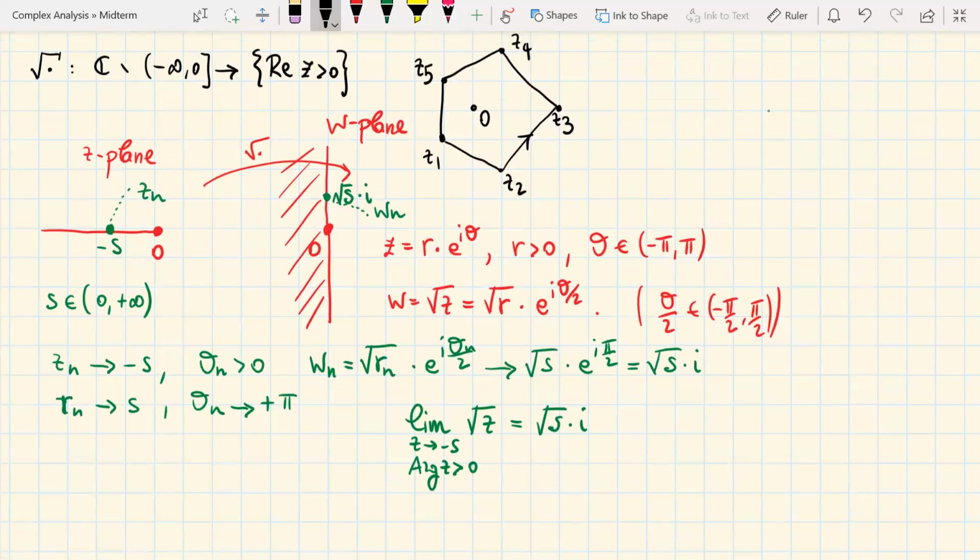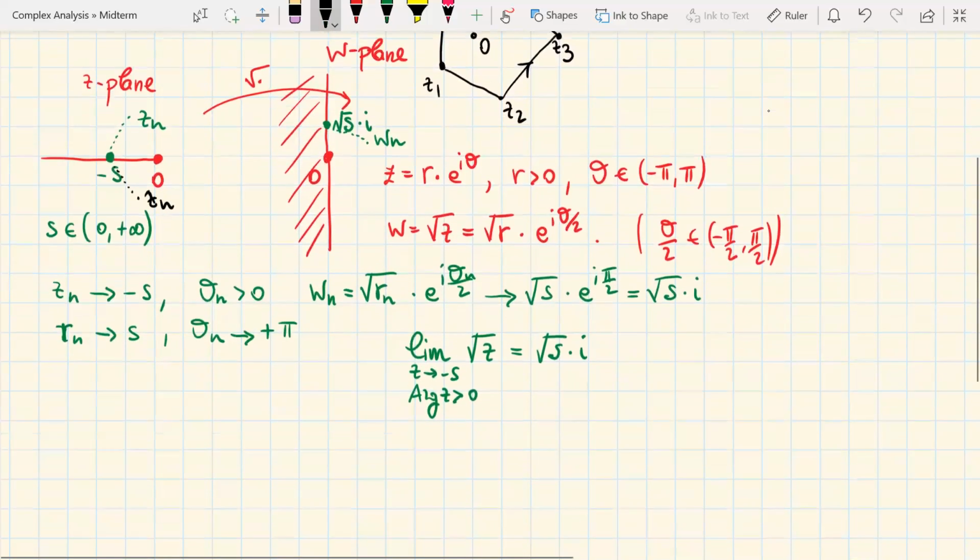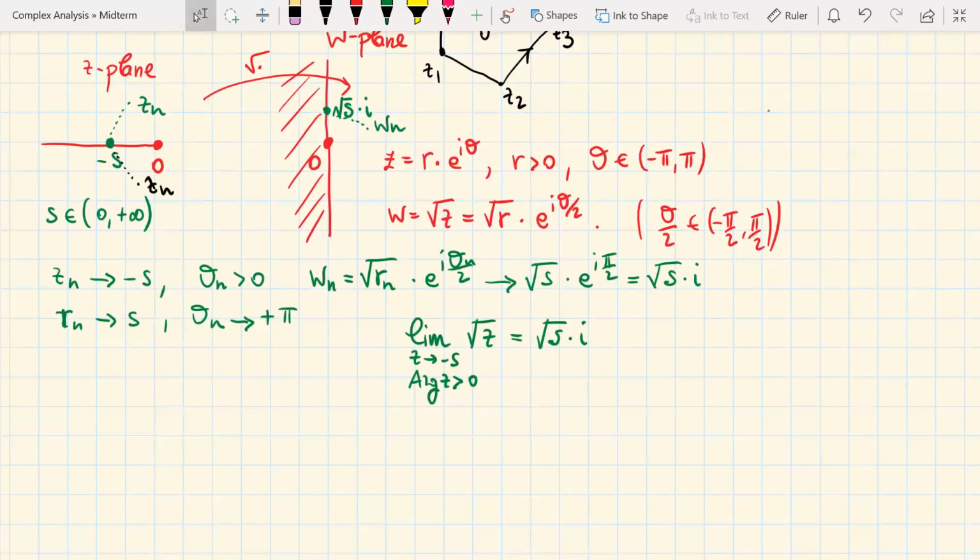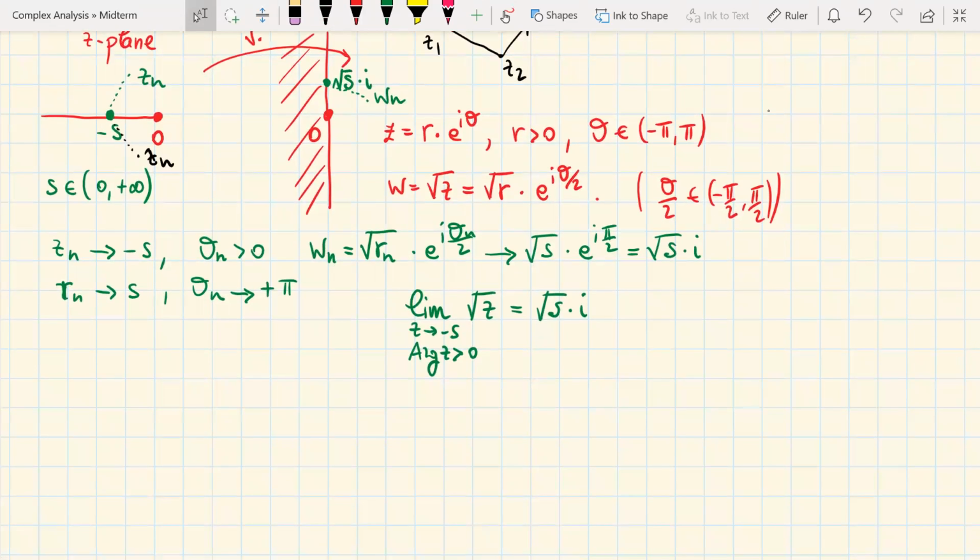Then we can make a similar discussion if the sequence Zn converges to minus s, but with the negative argument. So same story. If Zn converges to minus s with the argument theta n less than 0, then in this case we get a minus sign.